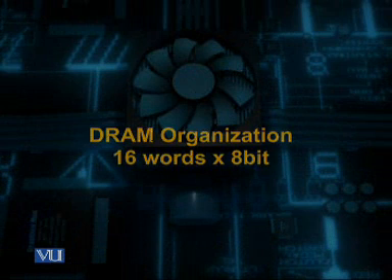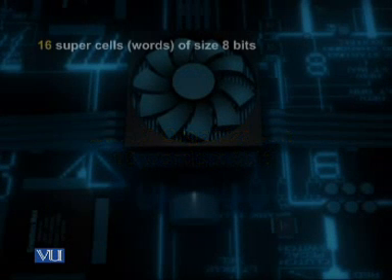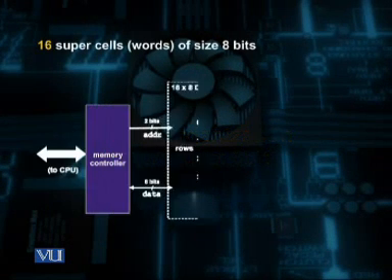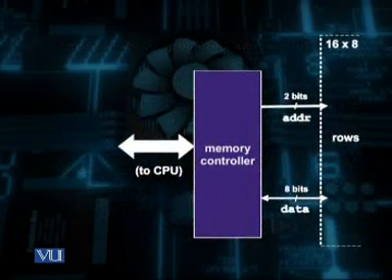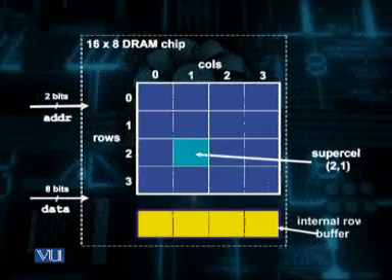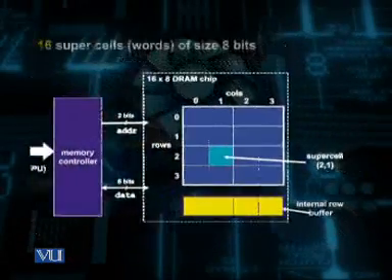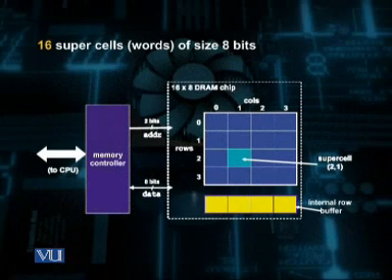In this diagram, you can see that we have got 16 words, and each word is of 8 bits. So we can say that this is a D by W RAM, where D is equal to the number of cells, which is equal to 16, and each cell is of 8 bits.